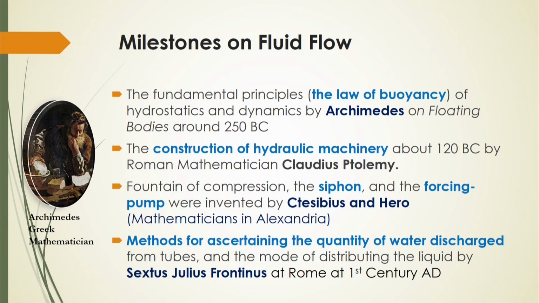And also some methods for ascertaining the quantity of water discharge were given by Sextus at Rome in the 1st century AD, and he formulated some techniques of how to measure the quantity of water discharged from the tube and distributed in a certain operation.